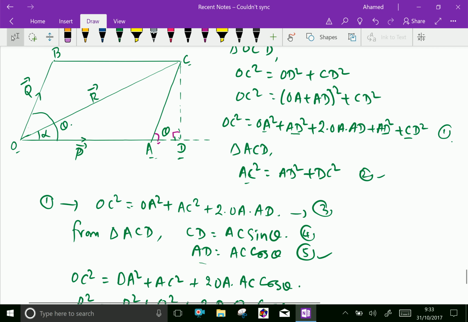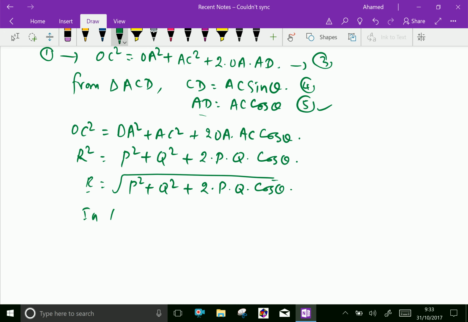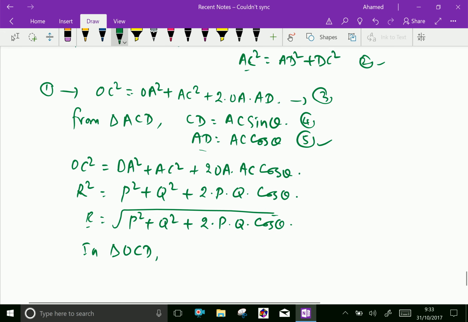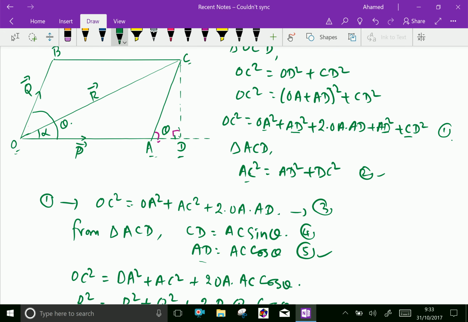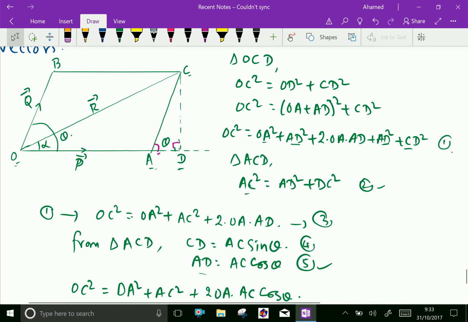Now in triangle OCD, a right angle triangle, tan alpha equals opposite over adjacent, CD over OD.